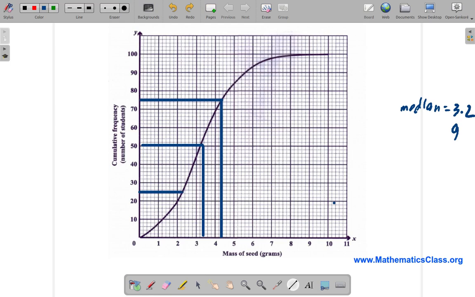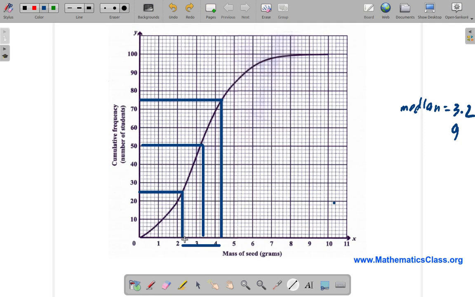You go across, then project down. So in terms of number of students, it would be 75 minus 25, which of course amounts to 50. But in terms of mass in grams, what you're going to do is find the range of these values.